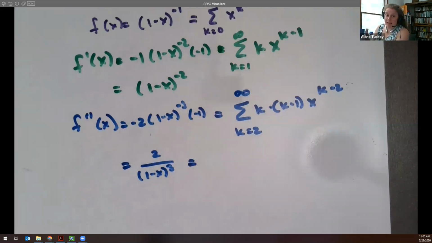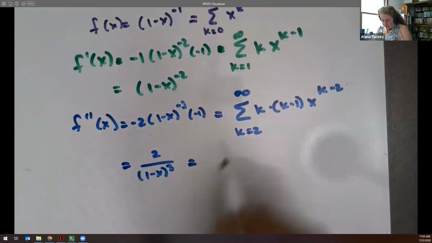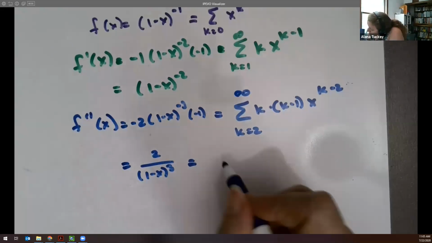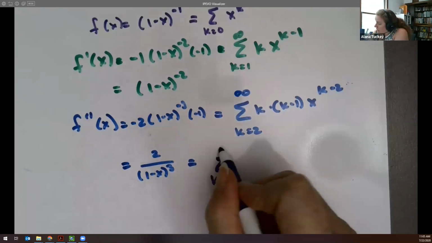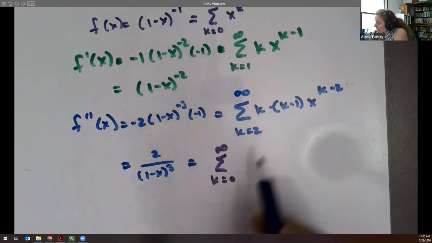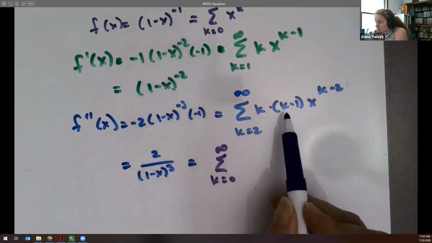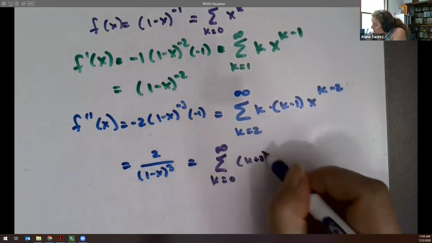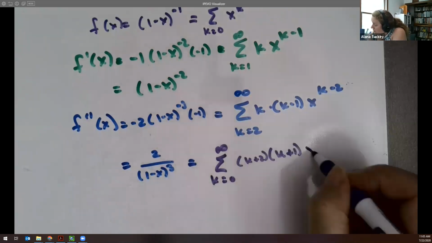Starting at 0 would make me happy, right? So if I want to start it at 0, I have to do a shift. If I want to start at 0, what you're doing is you're adding 2 to each of these. So it'll become k plus 2 here, k plus 1 here, x to the k.